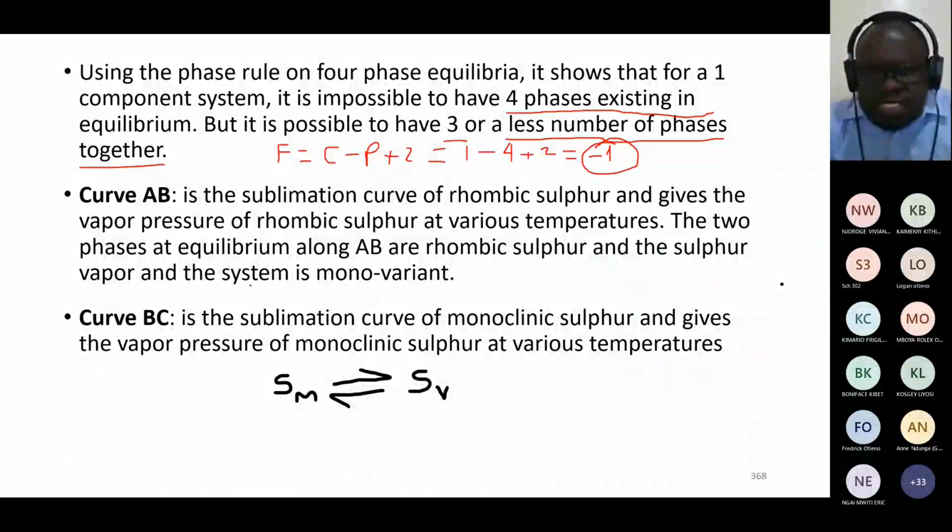So the 2 phases at equilibrium along this curve, that is AB, are rhombic sulfur and the sulfur vapor. And here you say the system is monovariant.